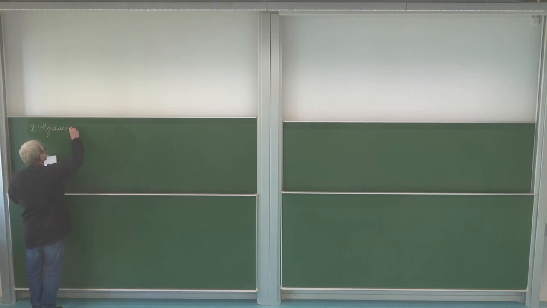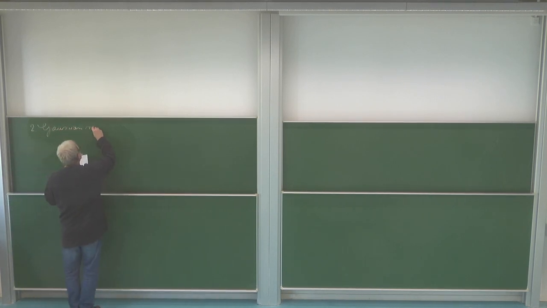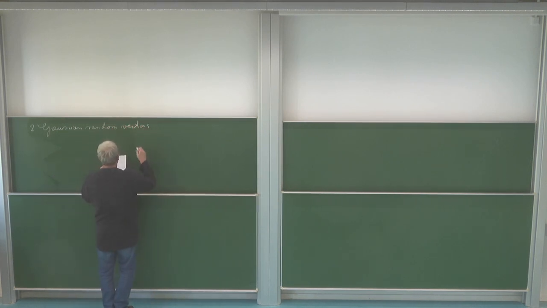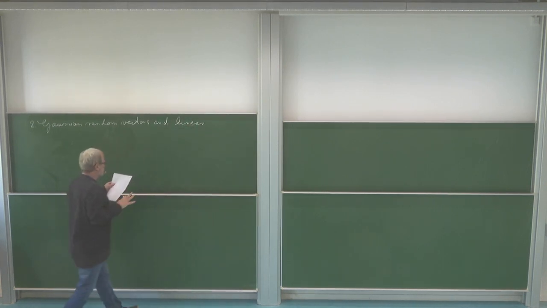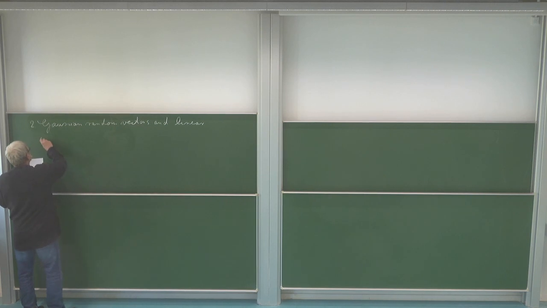Okay, so we want to talk about Gaussian random vectors, and we want to understand concentration properties for them, but at the moment it's linear kind of concentration.